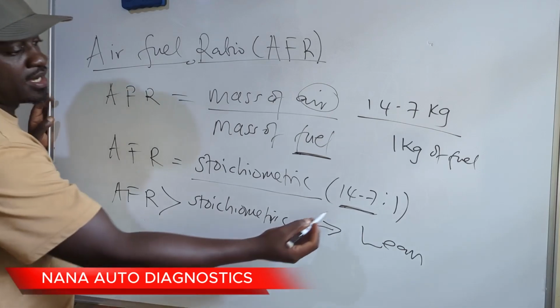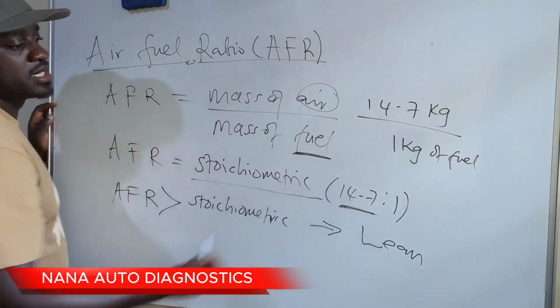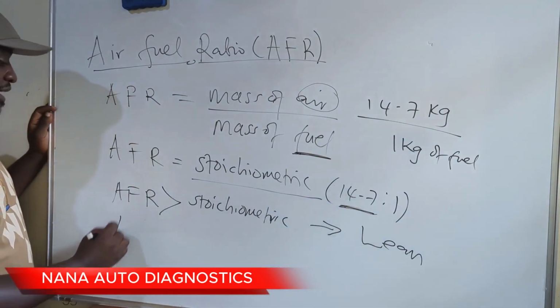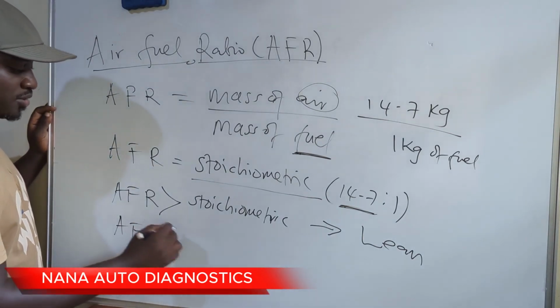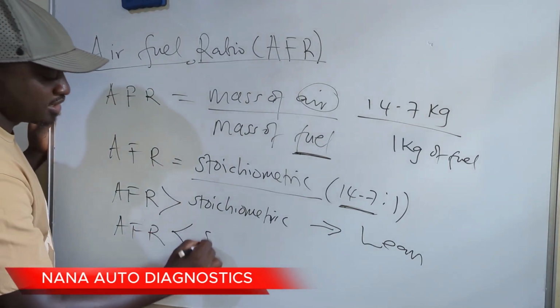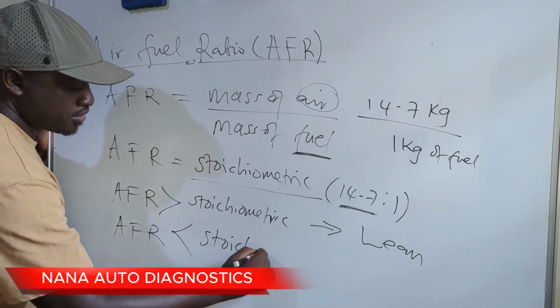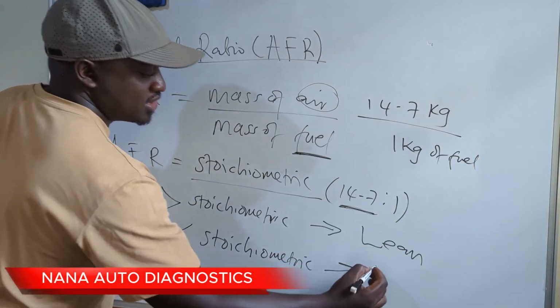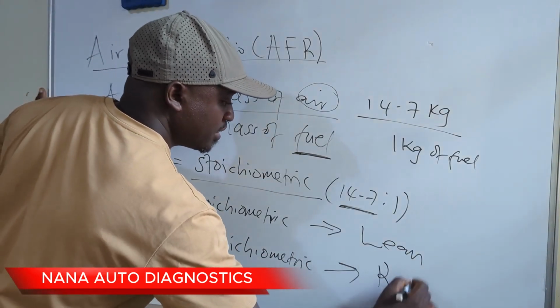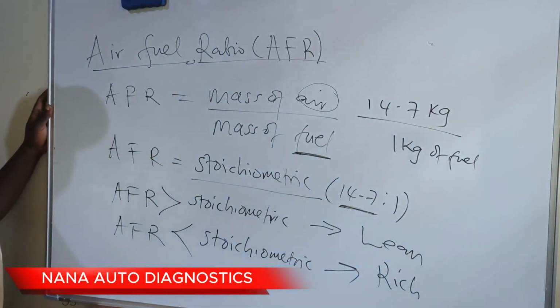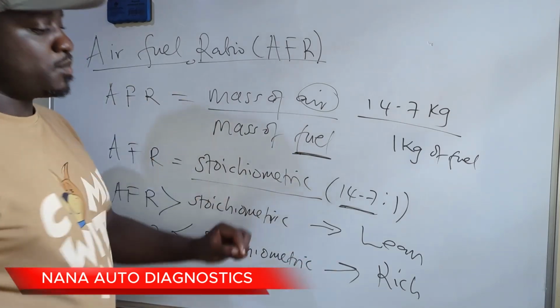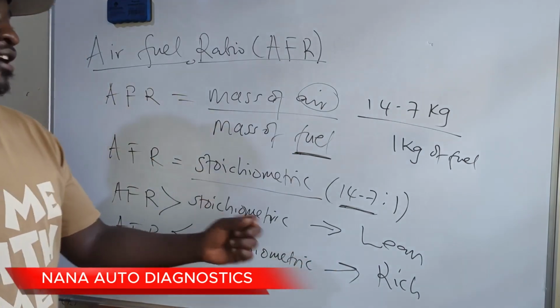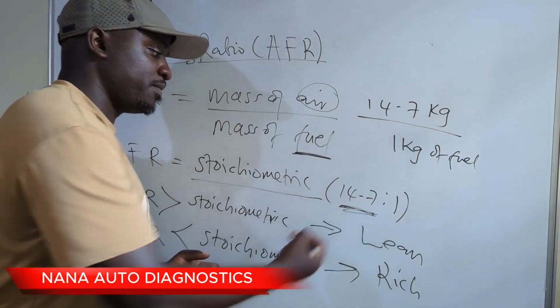In other words, it will be greater than 14.7. Whenever the air-fuel ratio is less than the stoichiometric, you can say that the engine is running rich.